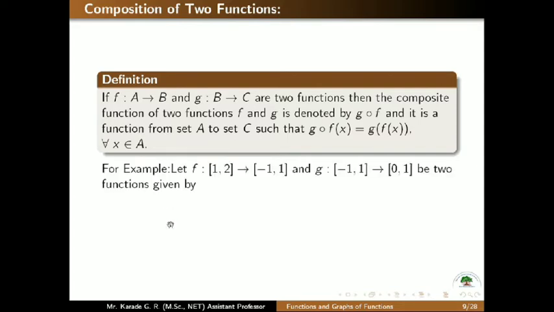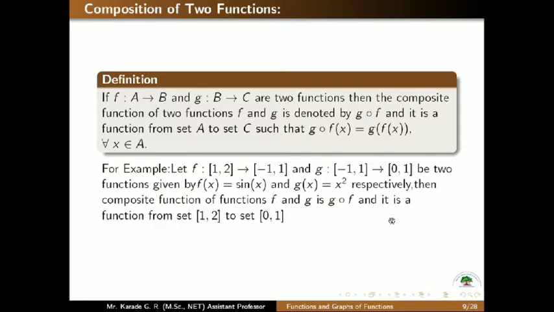For example, consider a function f from the closed interval [1, 2] to the closed interval [-1, 1], and function g from the closed interval [-1, 1] to the closed interval [0, 1], with the two functions given by f(x) equal to sin x and g(x) equal to x square respectively.